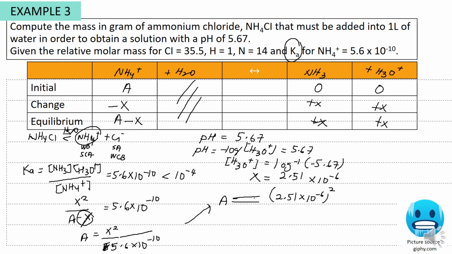So the A will be 0.01 molar. So you need to find the mass. You have the molarity in mole per liter, so you will get the mole, and from the mole you can find the mass.